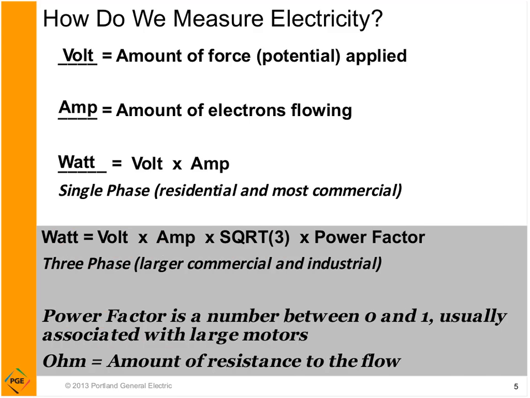We won't get into them today, but a lot of larger commercial and industrial customers have what's called three-phase power. And once you go to three-phase, then it's volts times amps times the square root of 3, and something called a power factor. If you have a lot of motors, industrial process type operations, there will be something called the power factor.